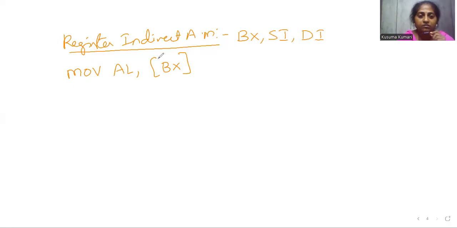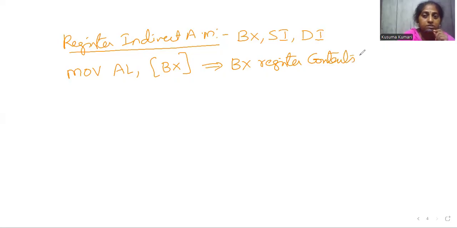What is the meaning of this? The square brackets represent a memory location, and within that, the effective address. Here, the BX register contents act as the effective address.